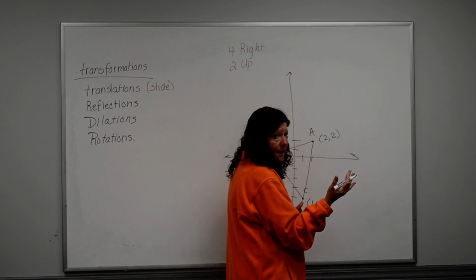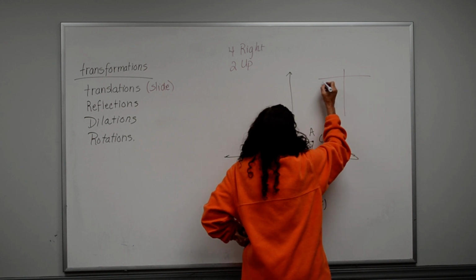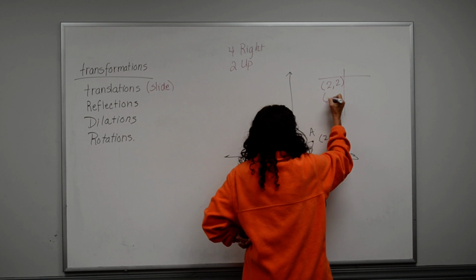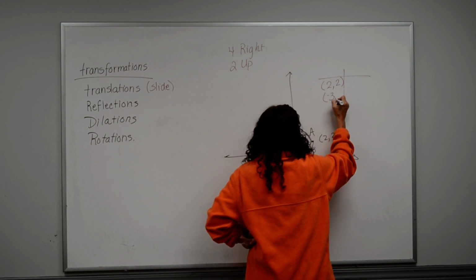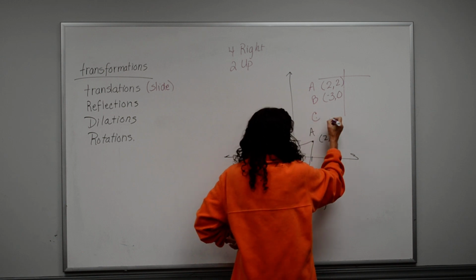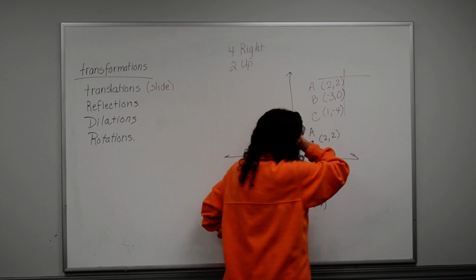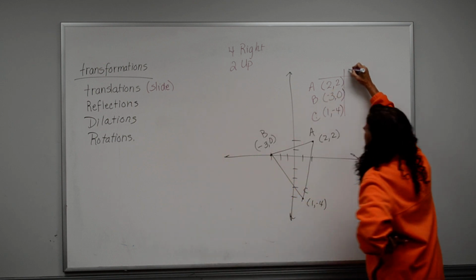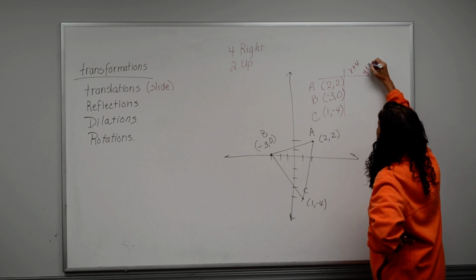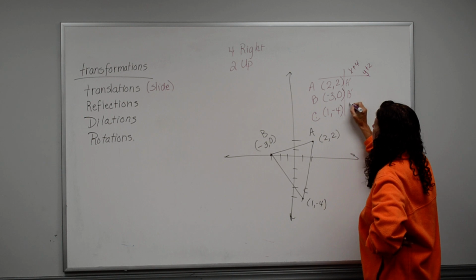So what I did when we did that is I set up like a table, and I said 2, negative 3, 0, this is A, B, and C, and I have 1, negative 4, and what I wanted to do was I did x plus 4, and I did y plus 2, and I resulted with an A prime, a B prime, and a C prime.